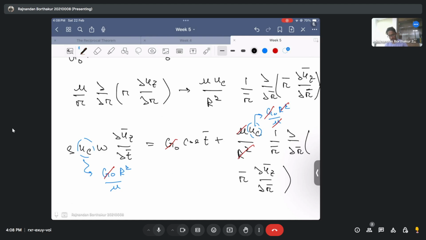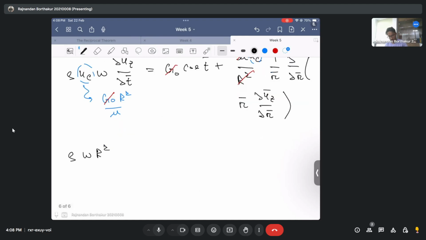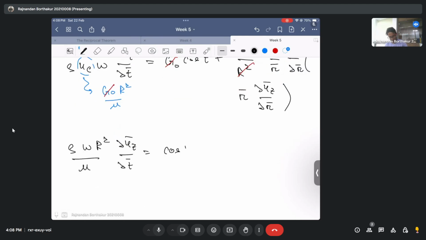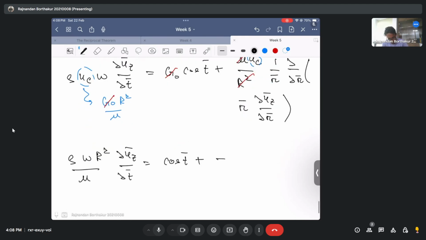So we just end up getting rho times omega r squared by mu del uz bar by del t bar, and then we have cos of t bar plus 1 upon r bar del r bar of r bar times del uz bar by del r bar. Okay.